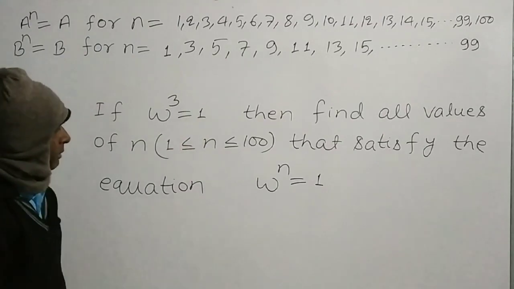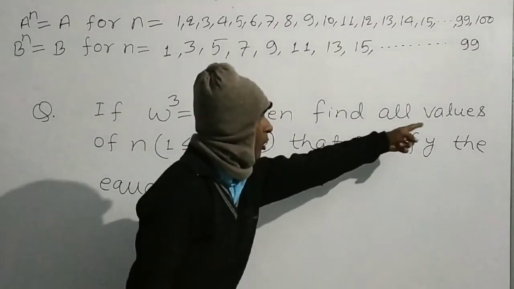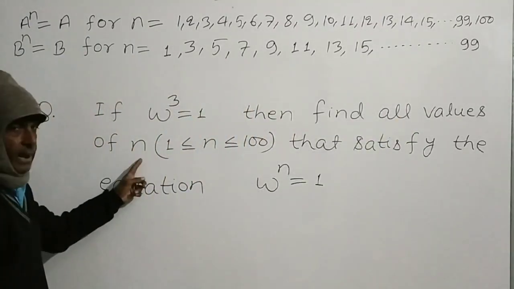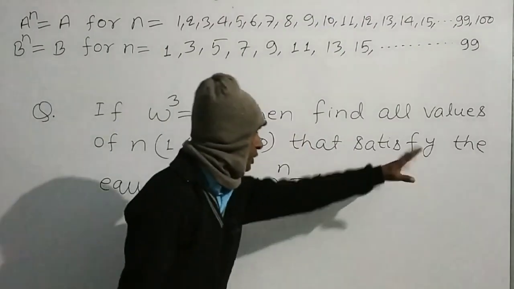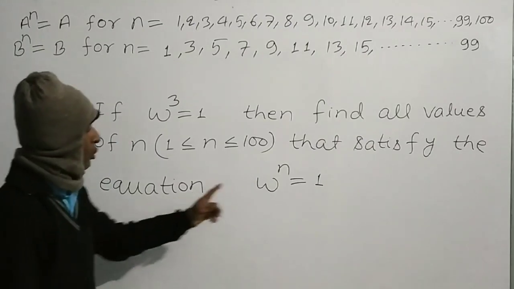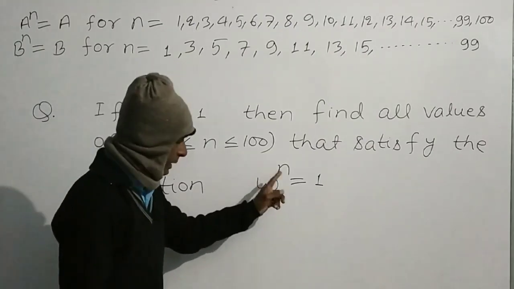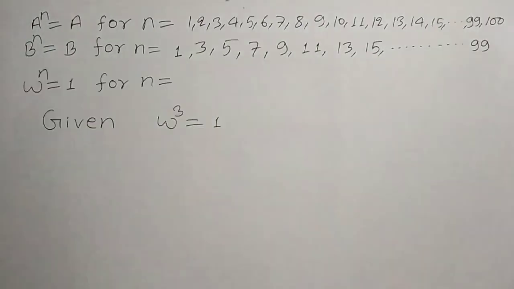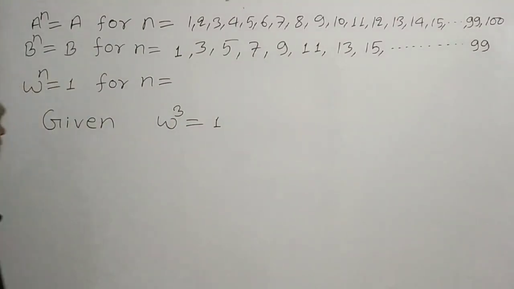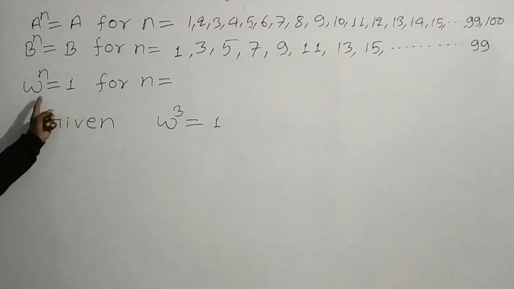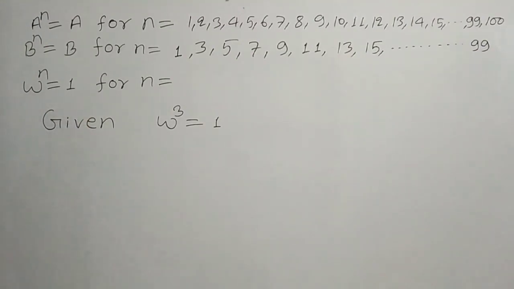If omega cube is equal to 1, then find all values of n from 1 to 100 that satisfy the equation omega to the power n is equal to 1. Given omega cube is equal to 1, we have to find the solution of this equation.